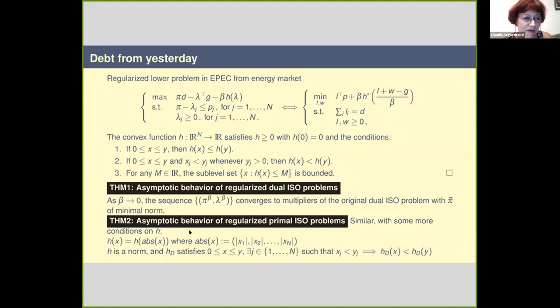The conditions are satisfied by the L infinity norm and the L1 norm, its dual norm. And in this case, if we use a proper penalty, then not only is the price that we will get at equilibrium a solution of the original problem, but also the primal dispatches, which is also of interest.